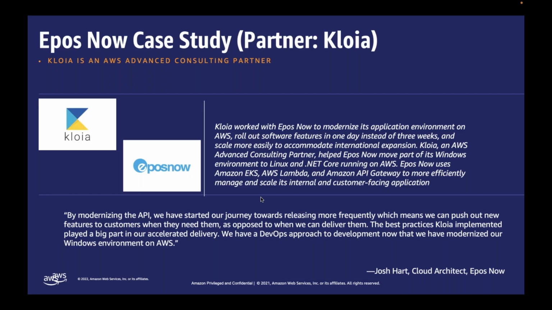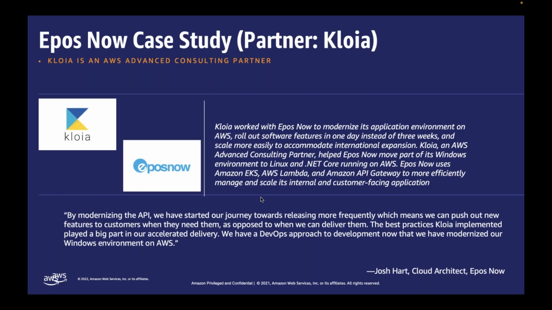So Kloya basically worked very closely with the EPOS Now team to move from .NET Framework to .NET Core, from Windows to Linux. At the same time, they helped EPOS Now decouple their API into a microservices architecture that now runs on Kubernetes clusters that are managed by Amazon EKS, right?